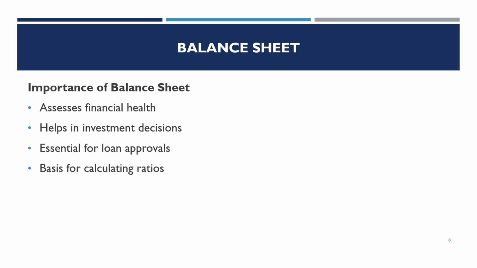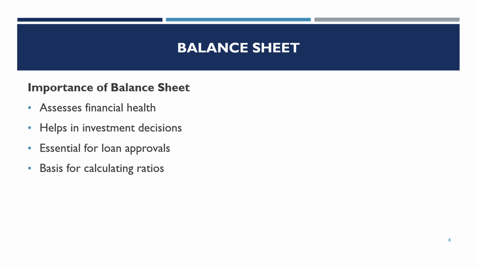Based on that, we come to the main thing, which is the importance of the balance sheet. From investors to managers, everyone refers to the balance sheet to understand if the business is solvent and how efficiently it's managed. I mention here some points for the importance of the balance sheet.